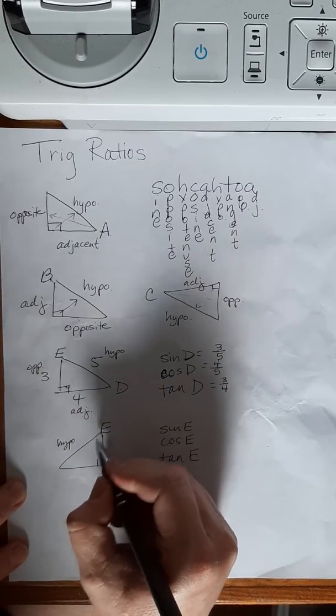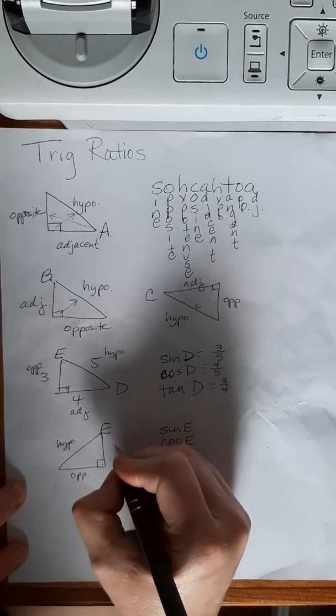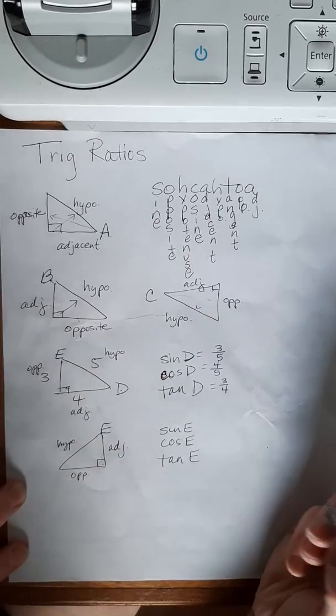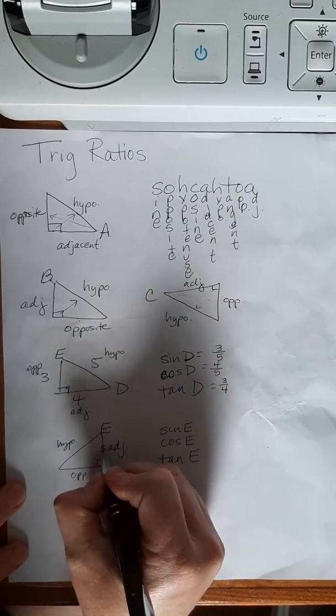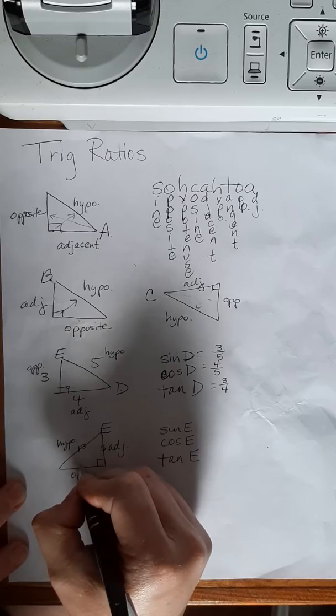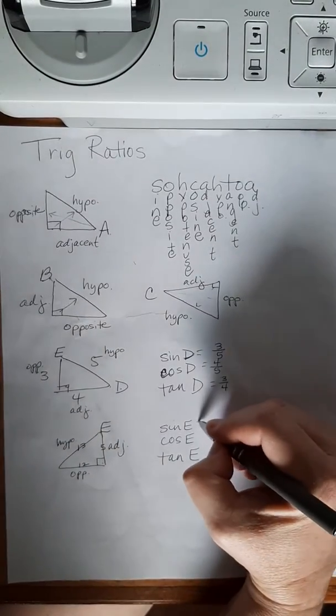Go directly opposite the angle, walk straight out. Here's the opposite. Adjacent. Let's say this time we'll do 5, 12, 13. Another triple that makes it nice.